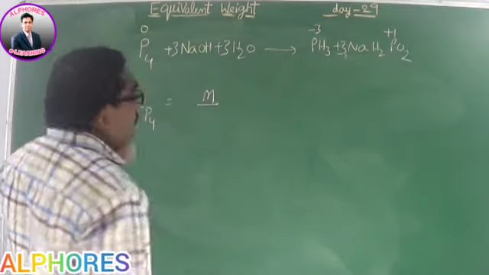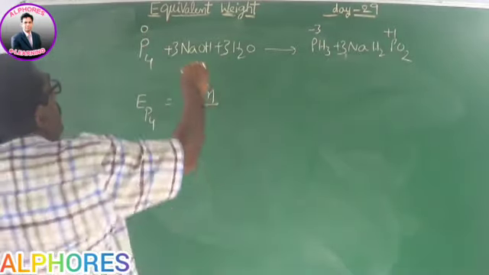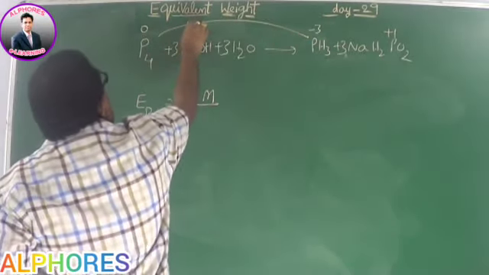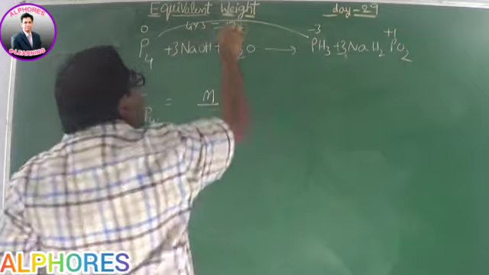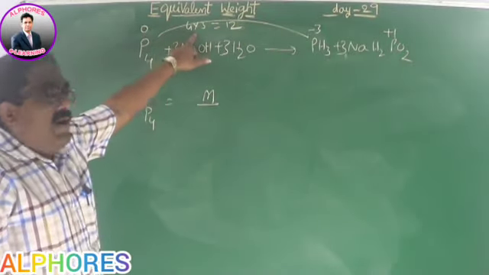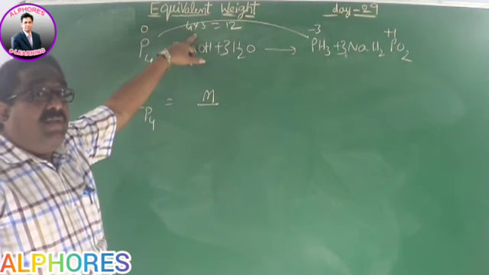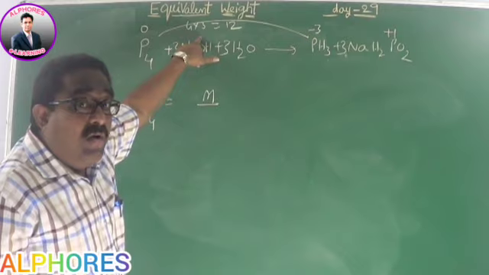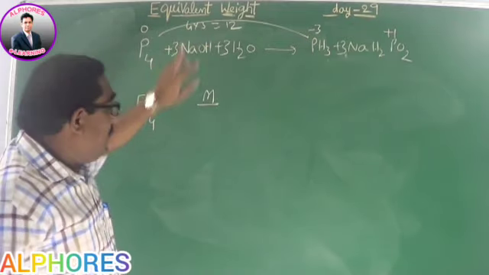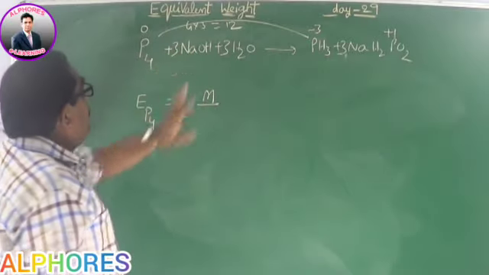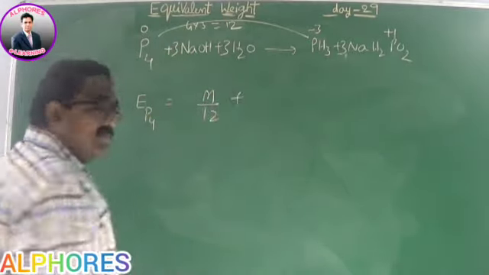Let me take the formula mass as M. 0 to -3, 3. But how many phosphorus atoms are there? 4, so 4 into 3, 12 you should consider. Friends, please concentrate at this moment. While teaching the balancing of redox reactions technique, I explained the total change, why you have to take it like this. For 1 phosphorus the change is 3, for 4 phosphorus 12. So M by 12 change.